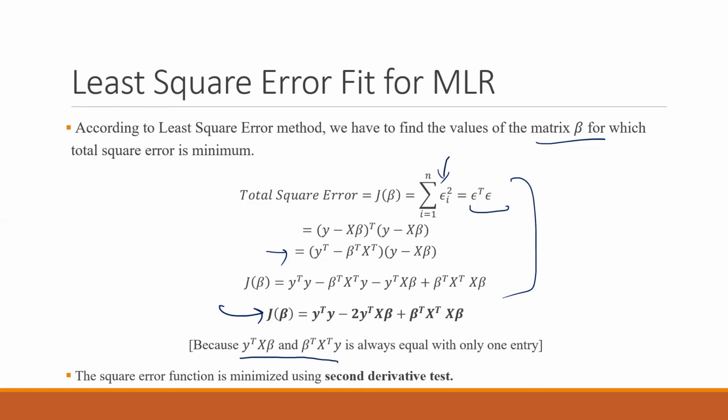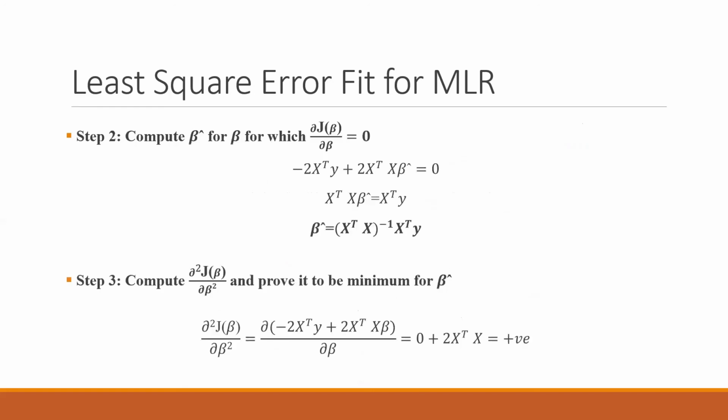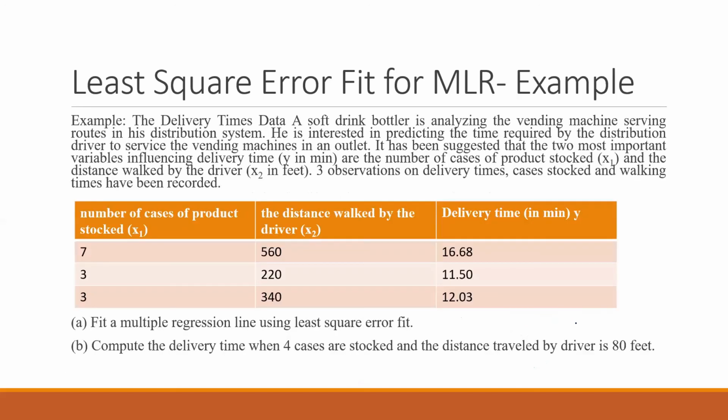So it's not that you have to do only a single derivative, you have to do the double derivative. This is the first derivative, dJ(beta) upon d beta, and once you solve this, you have to find the second derivative also. By solving the second derivative, you will see that it is positive here. Again, you can solve this on your end and verify these results.